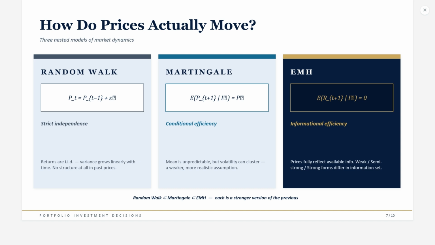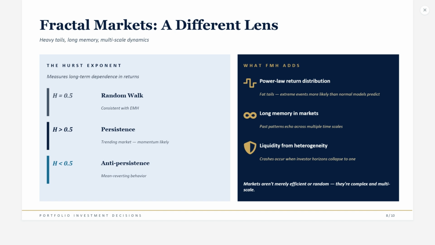In the case of EMH, we see informational efficiency, and prices fully reflect the available information. However, we can see weak, semi-strong, or strong forms that differ in information set. What are fractal markets? If we see it from a different lens, the Hurst exponent for the random walk is 0.5.